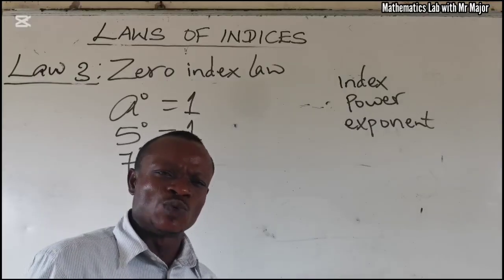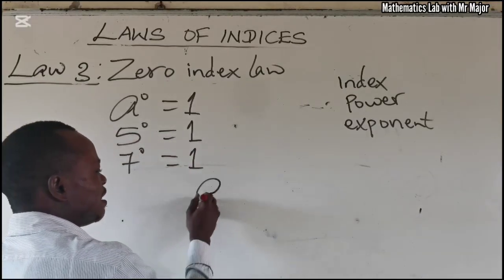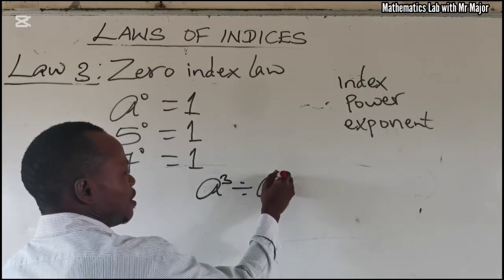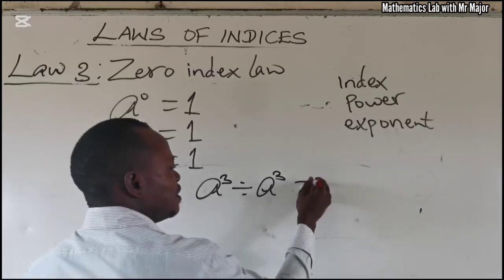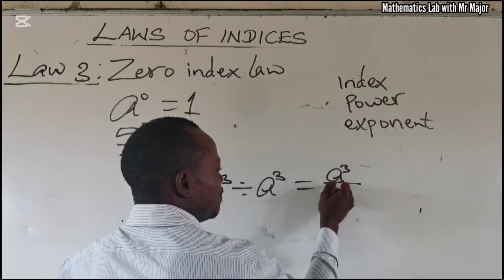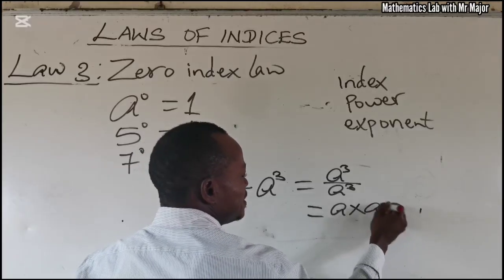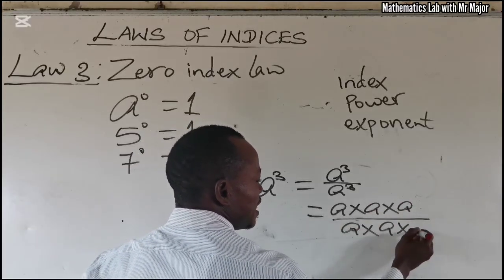Let me explain this with the conventional method. Supposing I have something like a raised to power 3 divided by a raised to power 3. That will be a raised to power 3 over a raised to power 3, which is equal to a times a times a over a times a times a.